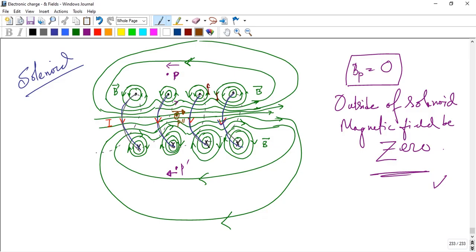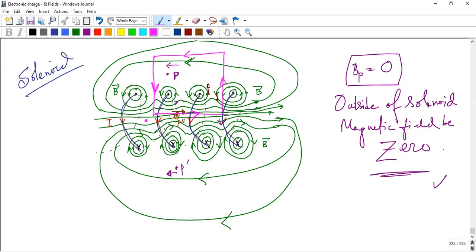Now you choose any Amperian loop here. Suppose this is the Amperian loop. This is a closed Amperian loop, and its direction is anti-clockwise.